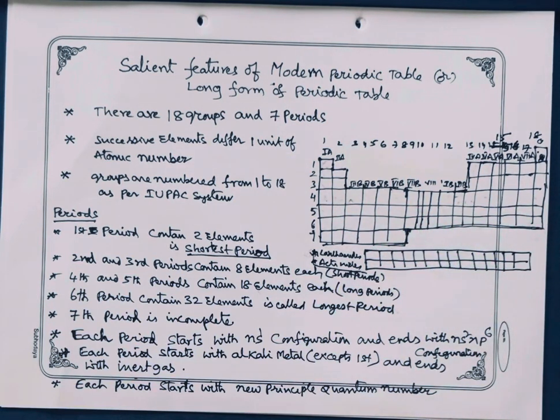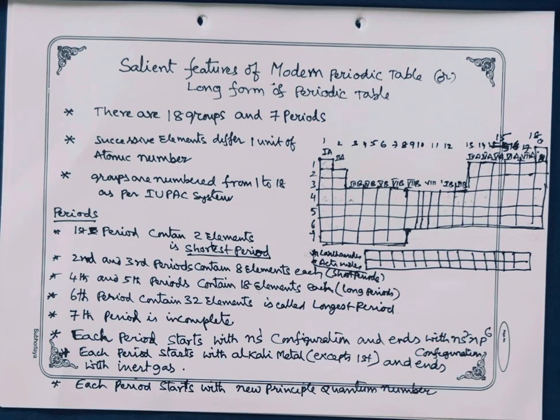So every period starts with ns1, generally you can say 1s1, 2s1, 3s1. In general you will write ns1 configuration for alkali metals, and ns2 np6 configuration for inert gases, at the starting and ending points of a period. The starting element is ns1 and the ending element is ns2 np6.